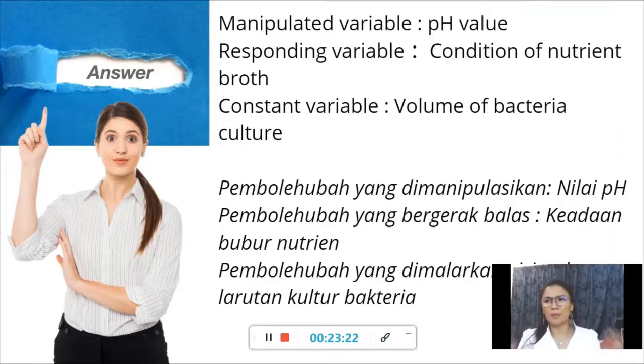You cannot expect the teacher who marks the paper to know what you are referring to. So you must state it clearly. pH value is the answer for manipulated variable. Condition of nutrient broth is the answer for responding variable. So this is part 2, identification of variable. 2 marks, very easily you can score these 2 marks.